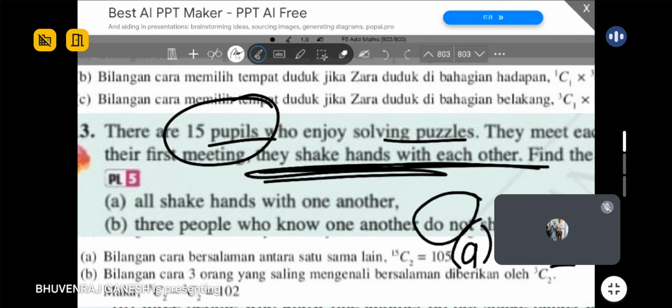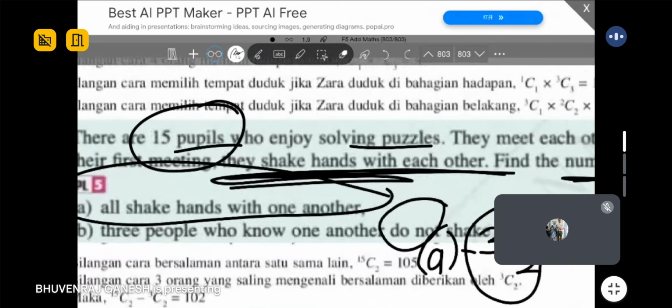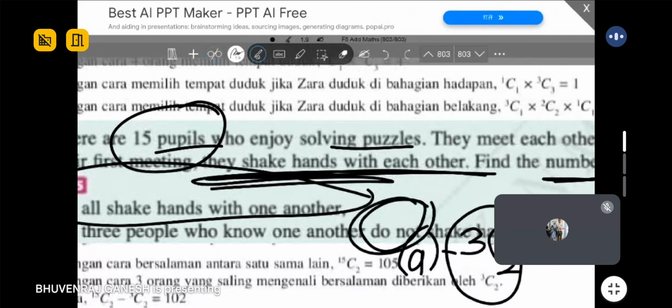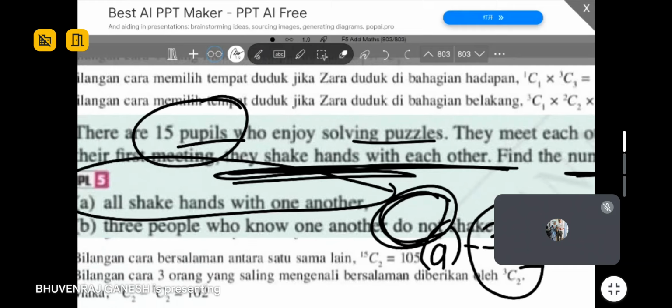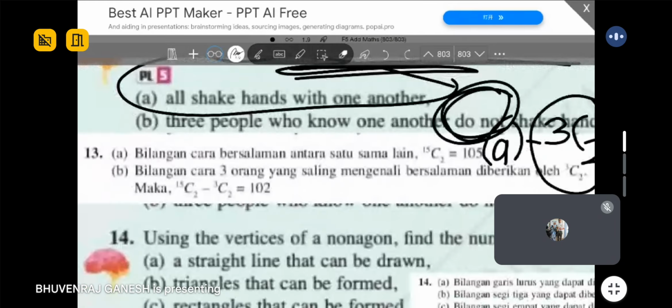Total minus the number that shake hand. Always when you see the words do not, think of the concept total minus the answer in A. So the answer is 102.